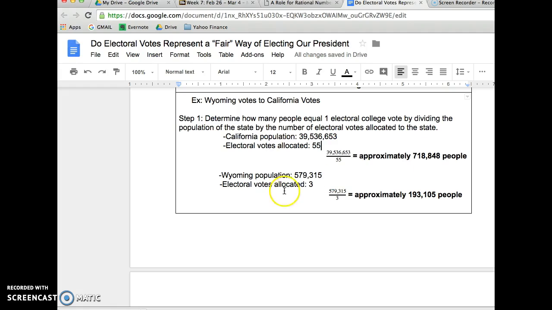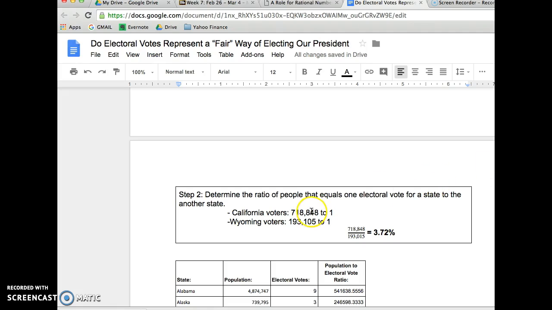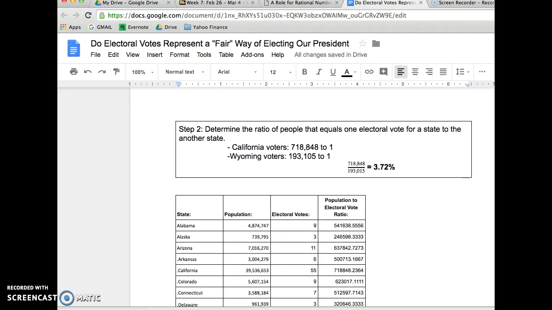And Wyoming, 579,000 people, electoral votes allotted is 3, and that's about 193,000 people per 1 vote. Then you look at the ratios, 718,000 to 1 and 193,000 to 1, and you look at them in reference to each other, and you can see that Wyoming has a 3.72 times greater voting power.